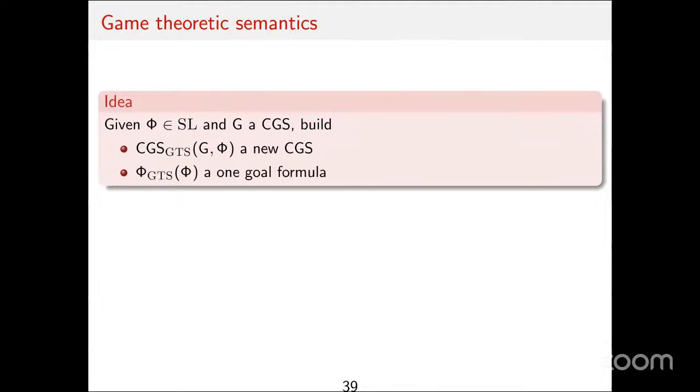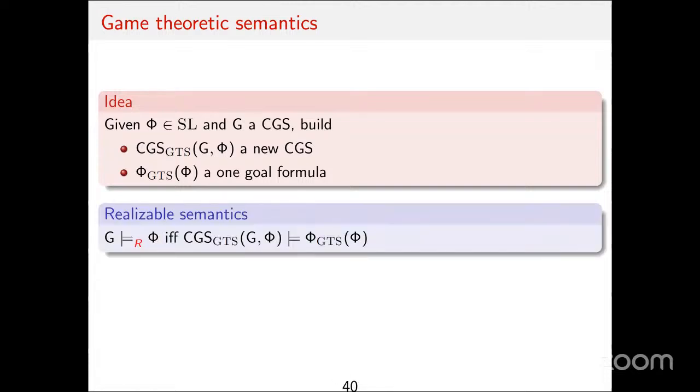And so us, because we have a logic about games already, we will just translate everything, but inside the one goal formula. So in a way, it's a reduction from multiple goal to one goal.